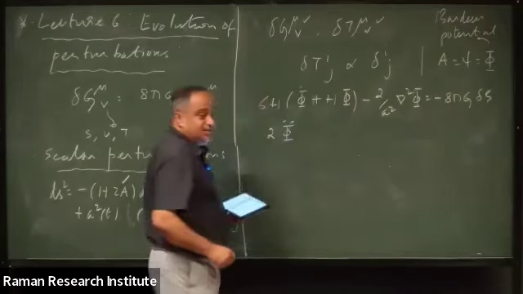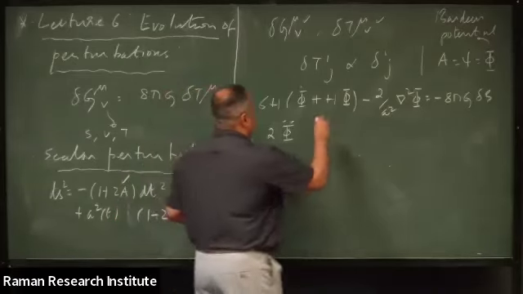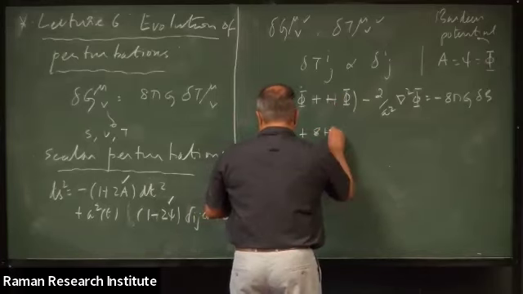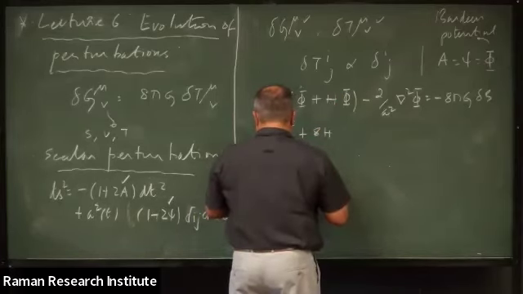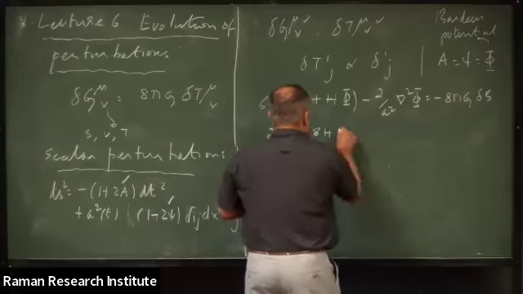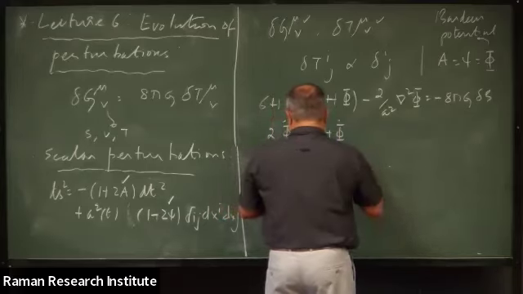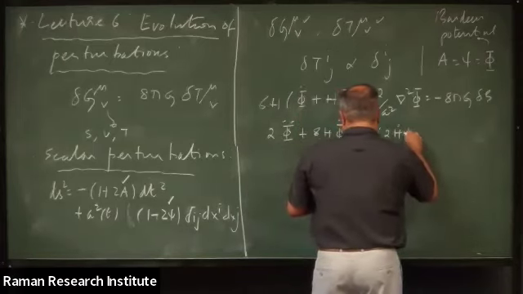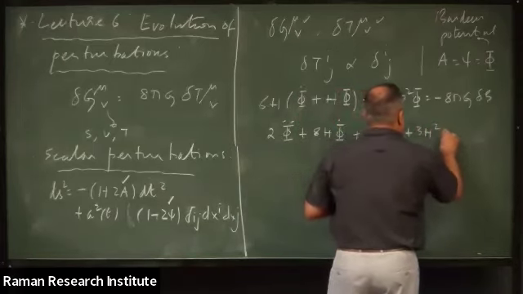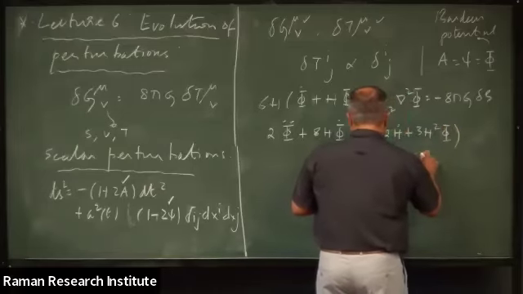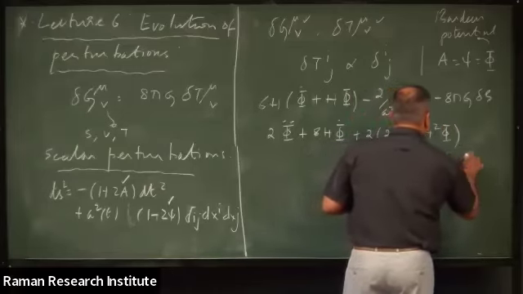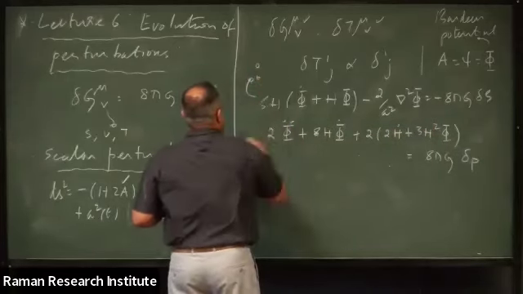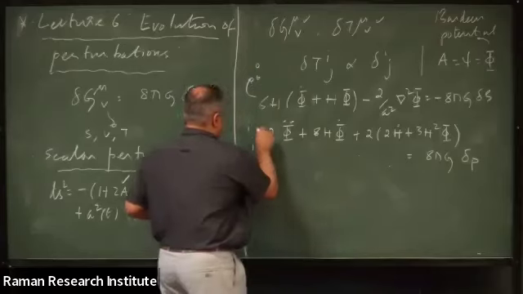Notice wherever I see a psi or A, I have set it equal to capital phi. Plus 8H phi dot, plus 2 times (2H dot plus 3H squared) phi equal to 8 pi G delta p. This is the 0,0 equation, and this is the ii equation.